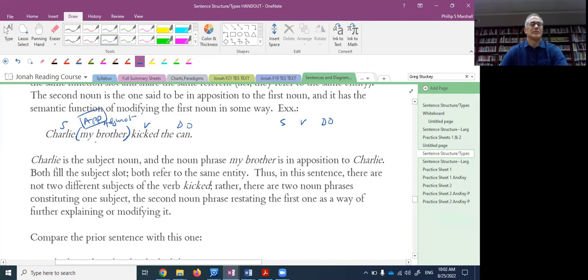He is an appositive to Charlie. Does Charlie refer to my oldest brother? Yes. Does the expression my brother refer to that same brother? Yes. So we have apposition when the first noun and the second noun both refer to the same entity. These are not two different people. These are the same people. And one is recharacterizing or describing the other.